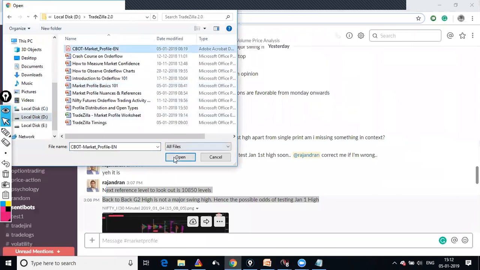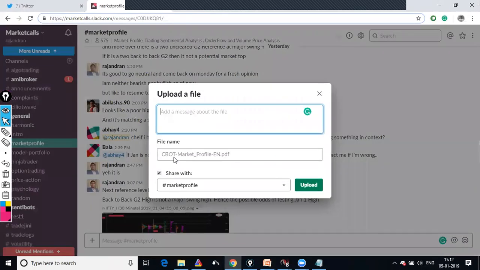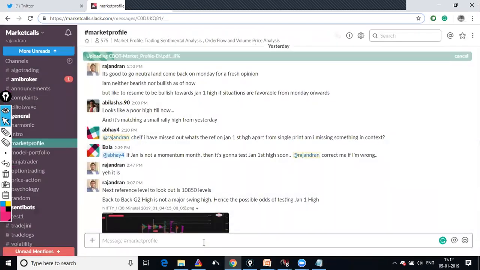It's almost 12 MB, and it gives you the basics of how the market auction happens, right? It doesn't talk about entry points or exit points, but if you are new to market profile and want to know what value area is, the importance of point of control, what it means when the point of control migrates, how things were evaluated on the floor trading days, how short-term players behave and how long-term players behave.